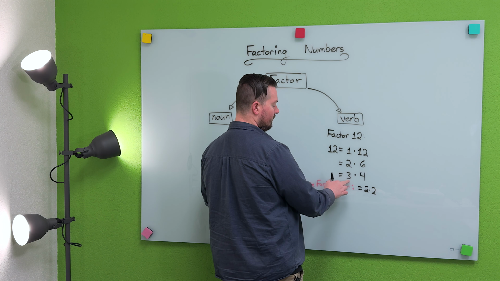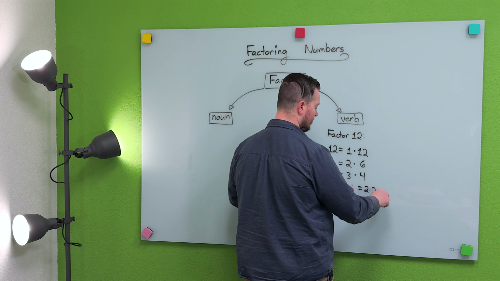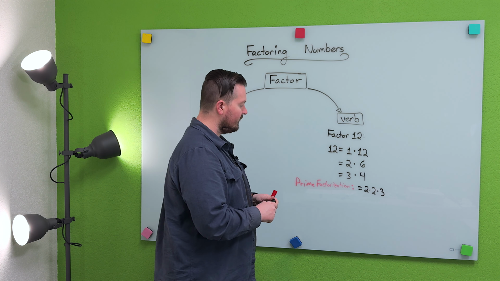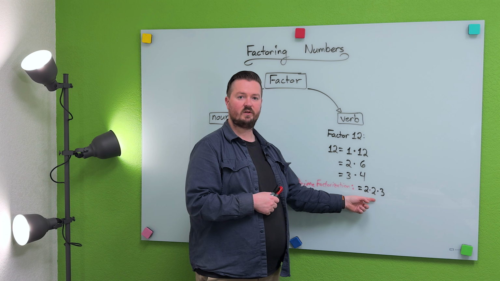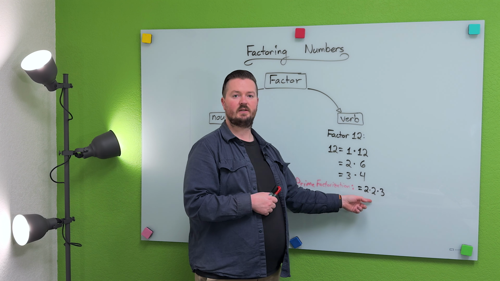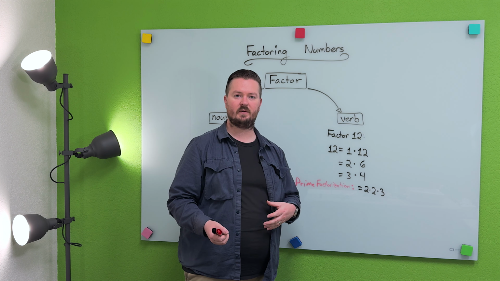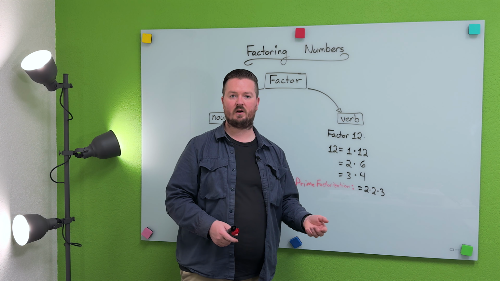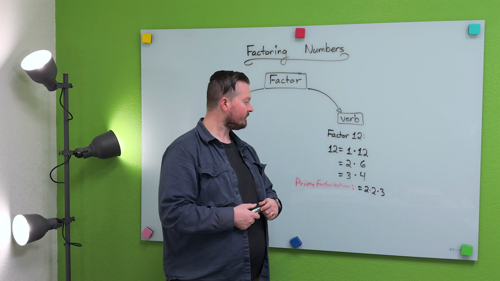Then instead of having 4 times 3, you could say 2 times 2 times 3. So we've rewritten 12 using multiplication, but all of the numbers that we are multiplying are prime numbers, which we have other videos on. So if you need a refresher on what those are and why they matter to us, I highly recommend you take a look at that video.